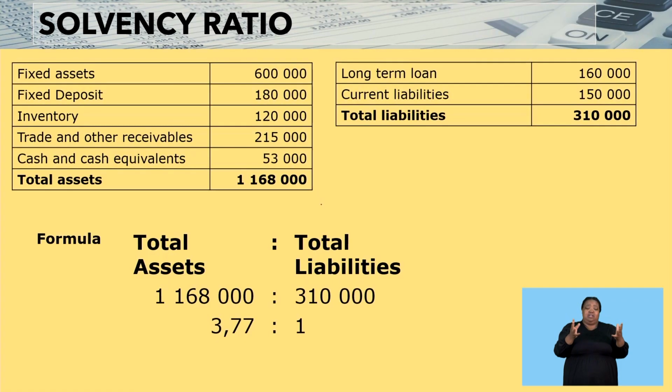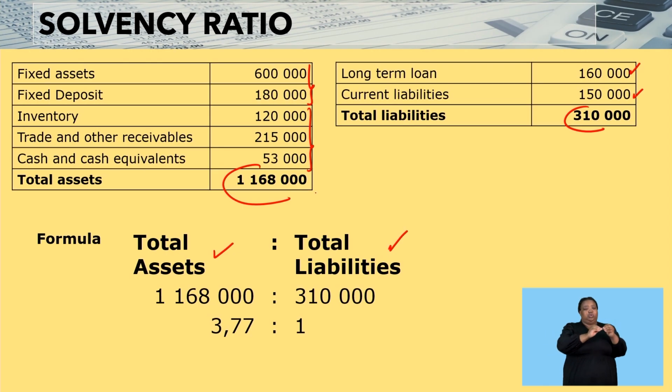That is why, when we did our assets, we took all our non-current assets as well as our current assets, and it gave us the total. Here we have our non-current liabilities, which is the 160, and the current liabilities. So it is our total assets as to total liabilities.